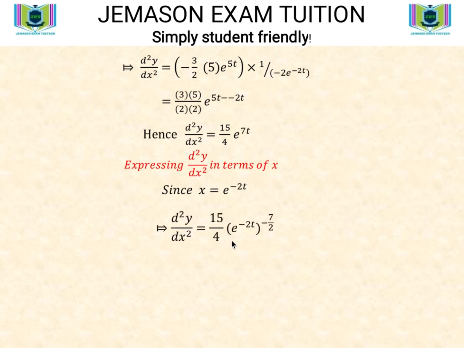So bringing our second derivative that we just had, we have to be strategic in order to express it in terms of x. To do that, we take the second derivative that is given as 15 all over 4 e to the 7t, and make sure that the exponent negative 2t that is appearing in the expression for x in terms of t appears in that function.